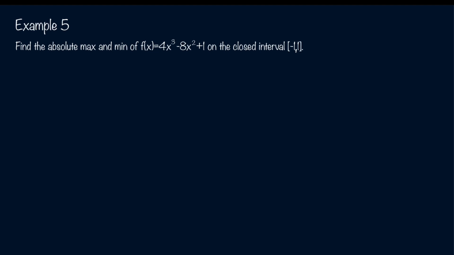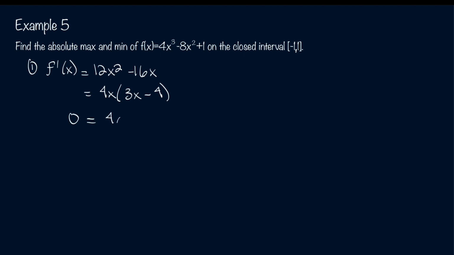So the first thing we're going to do, remember, is find the derivative of the function, which is going to be 12x squared minus 16x. We can go ahead and pull a 4x out, which will multiply by 3x minus 4. And now we're going to set that equation to 0.